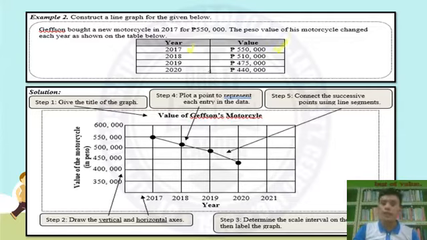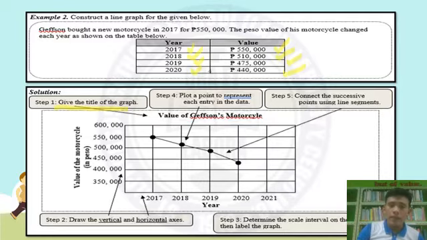In 2018, the value goes lower, and that will be $510,000. 2019 is $475,000. 2020 is $440,000.